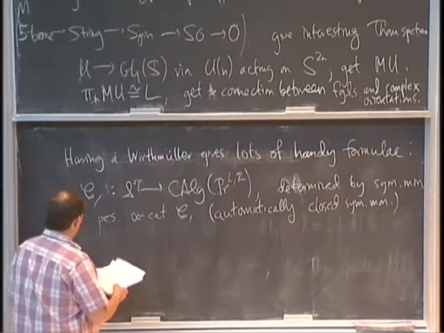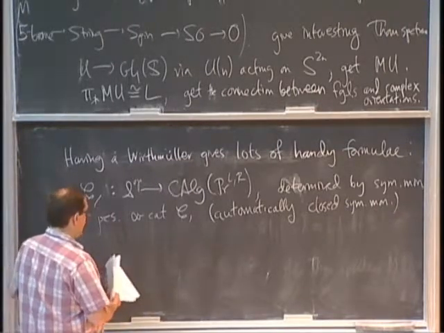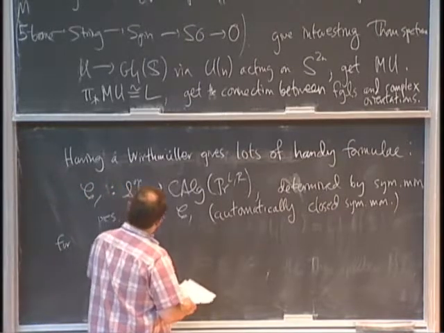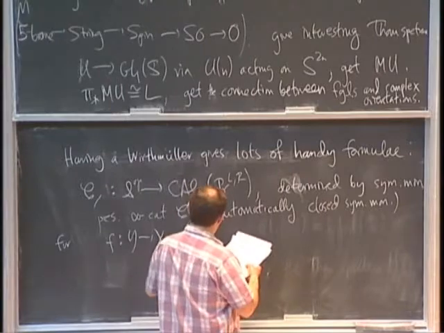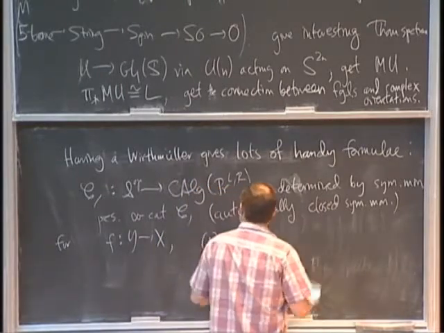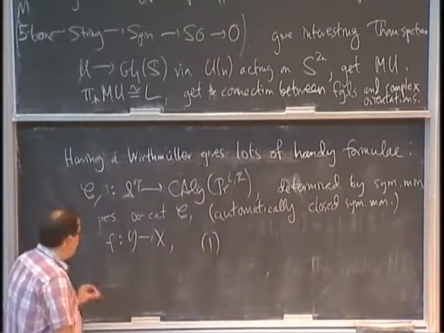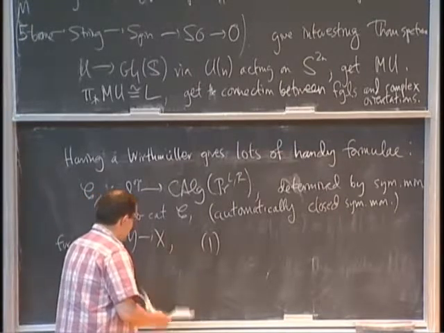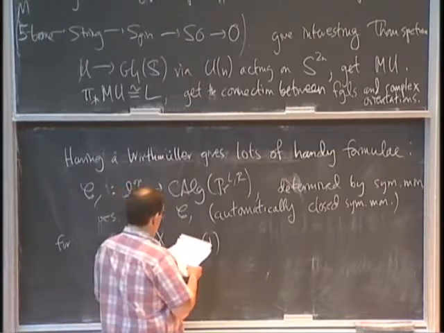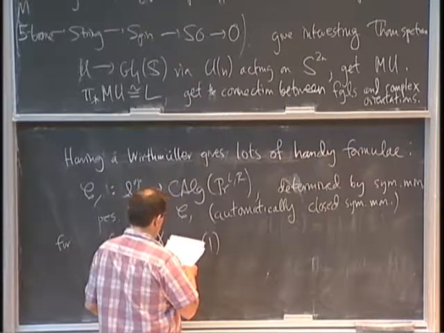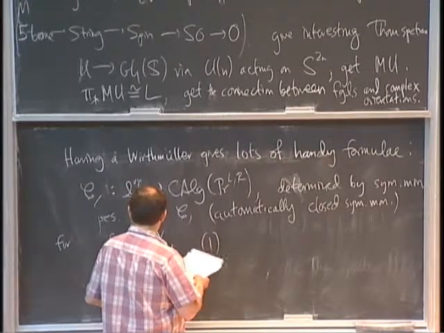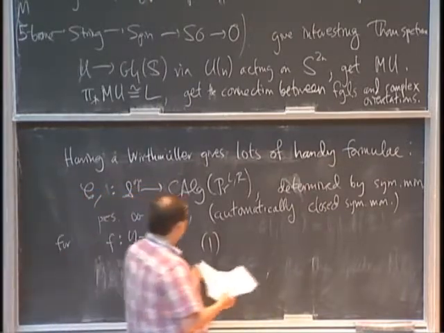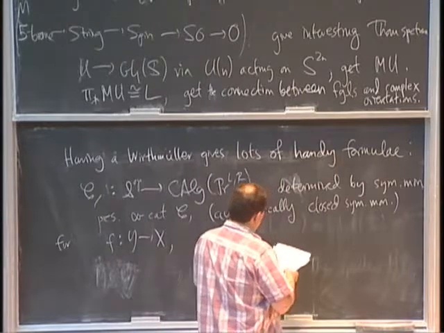I get all kinds of formulas, like for f going from Y to X, if I have M and N in C over X, let me just write it out like this.